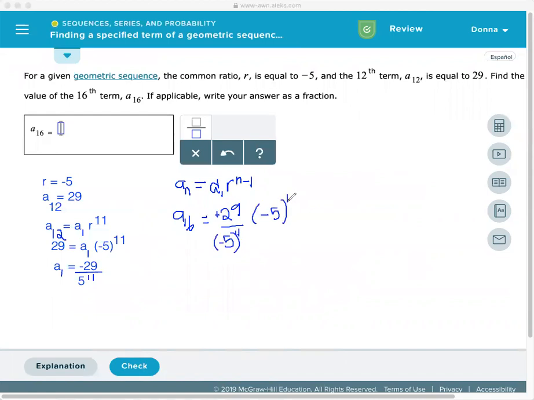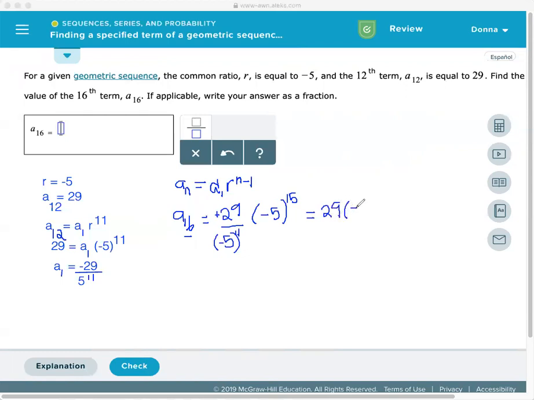To the 15th. It's always one less. Since we were looking for 16, this is always one less. So now I have -5 to the 15th and -5 to the 11th. So I have the same base, and I'm going to subtract the exponents. And so A16 is going to be 29 times -5 to the 4th. And we can plug that into the ALEKS calculator.